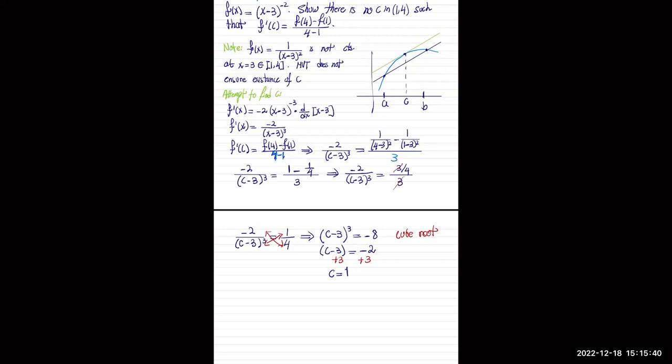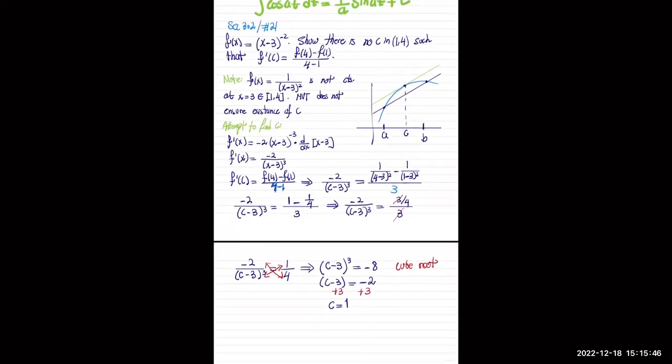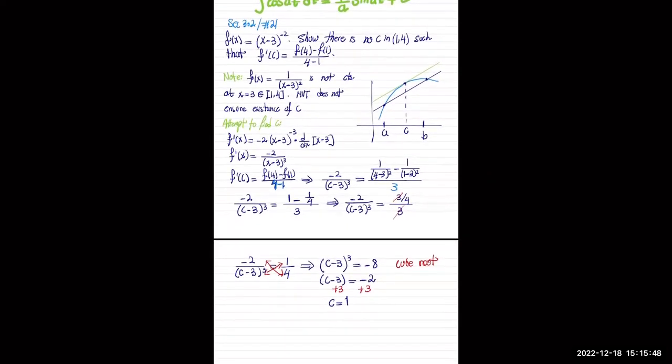So, guys, what does this say about the answer? Show there is no c in the interval 1 to 4. We got a solution, c equal to 1, but the solution is not in this interval, is it? It's not.